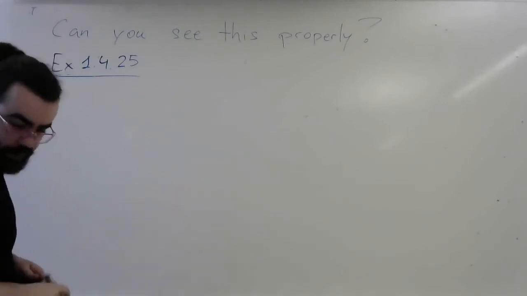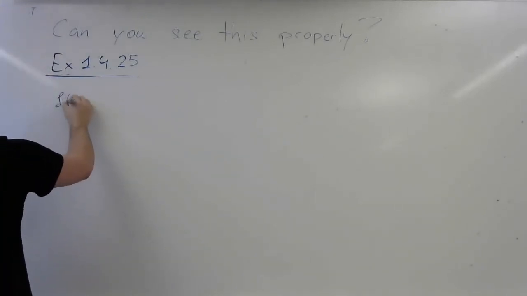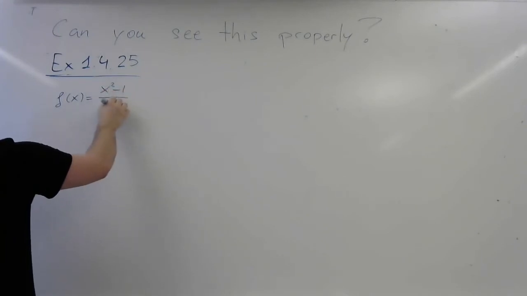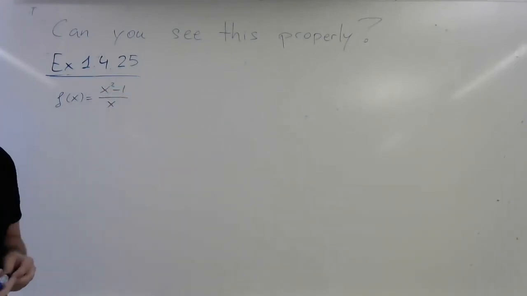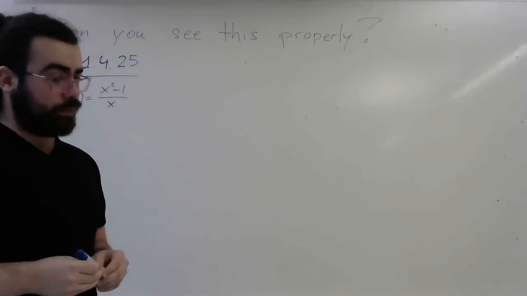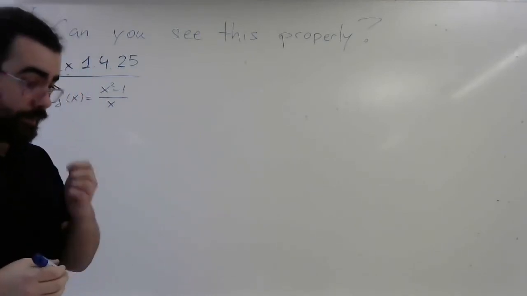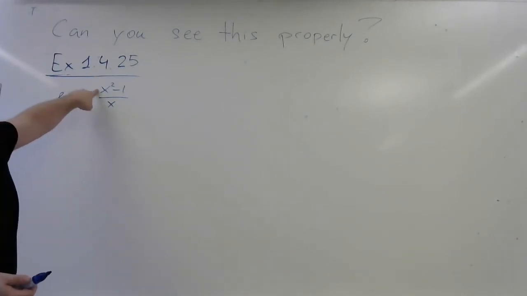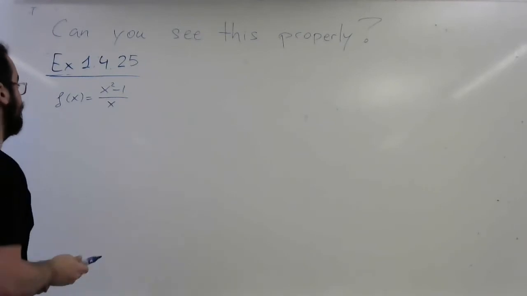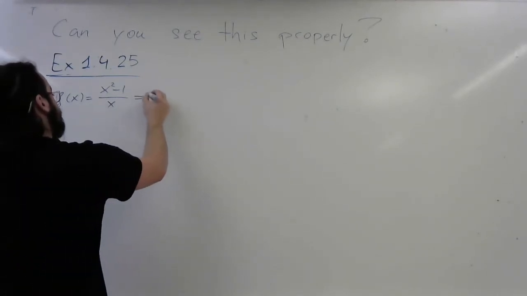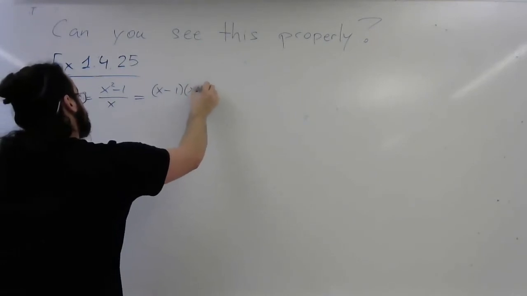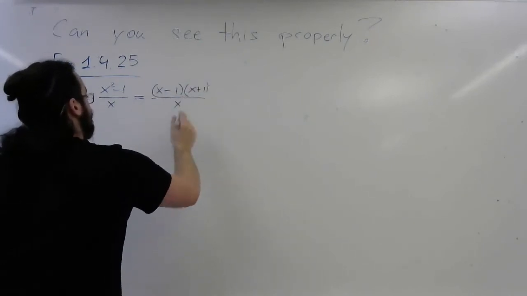Okay, we have f of x. And we want to see where it's positive and where it's negative. So x squared minus 1 is a bit difficult to manipulate in that sense because x squared is always positive. And so what we are going to do is split this as x minus 1 times x plus 1 and divide it by x.